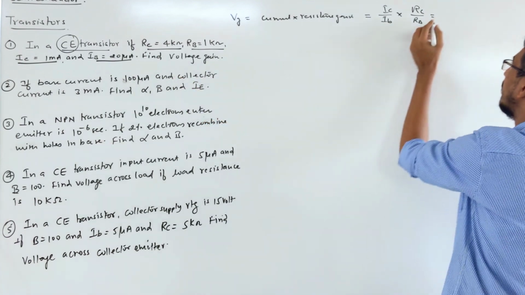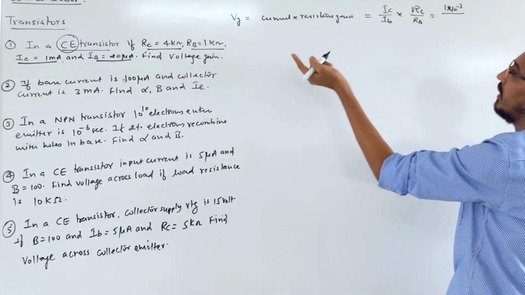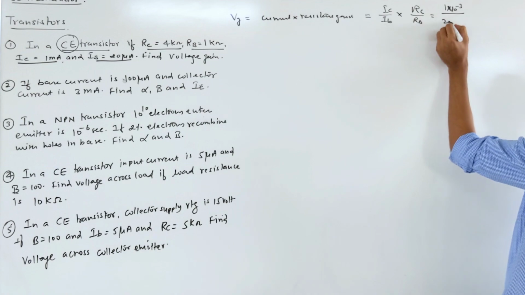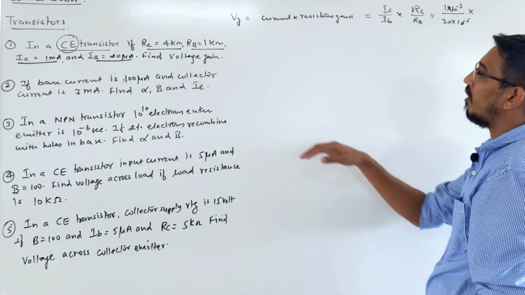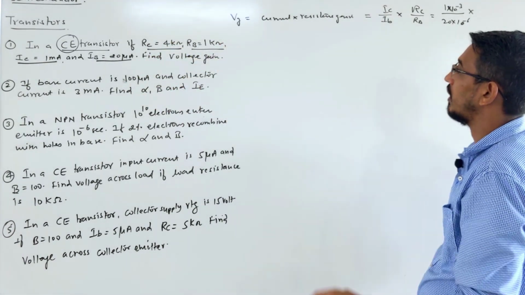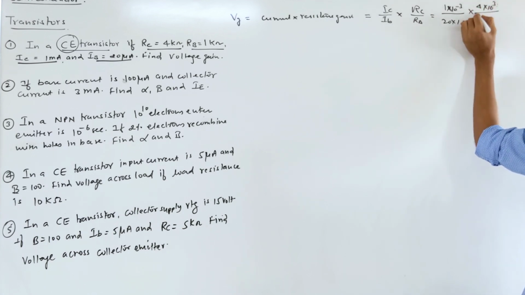IC is 1 milliampere, so 10 power minus 3 ampere, and input current is given as 20 microampere, 20 into 10 power minus 6. Output resistance is given as 4 kilo ohm and input as 1 kilo ohm, so 10 power 3 and 10 power 3, which cancel.